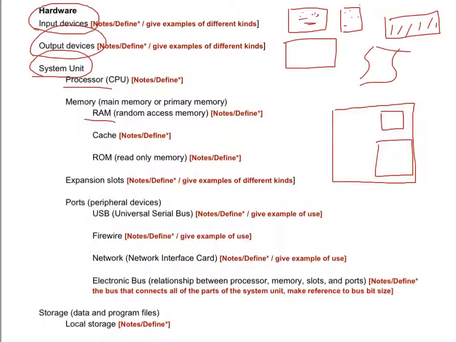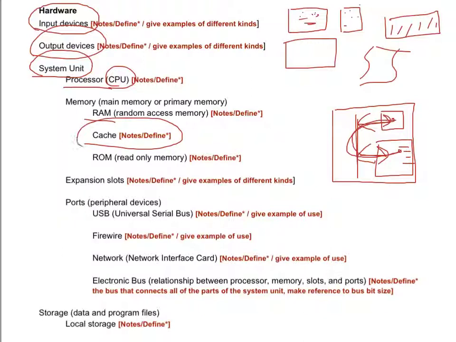We have a processor, or the central processing unit. We have an electronic bus, so these can talk to each other. So we have software and memory. The instructions go up to the processor, the processor processes the instructions and sends something back to memory.